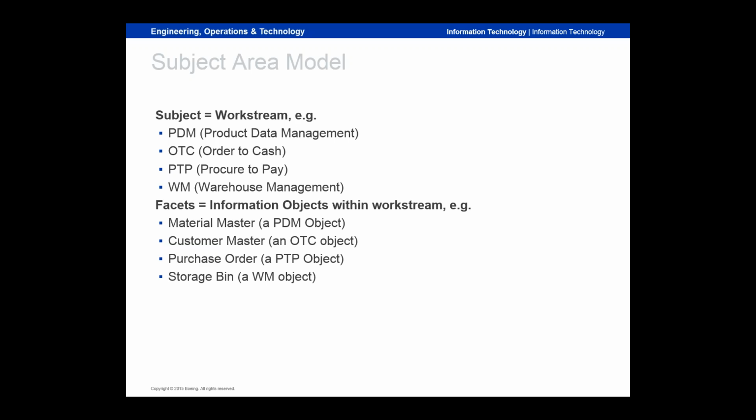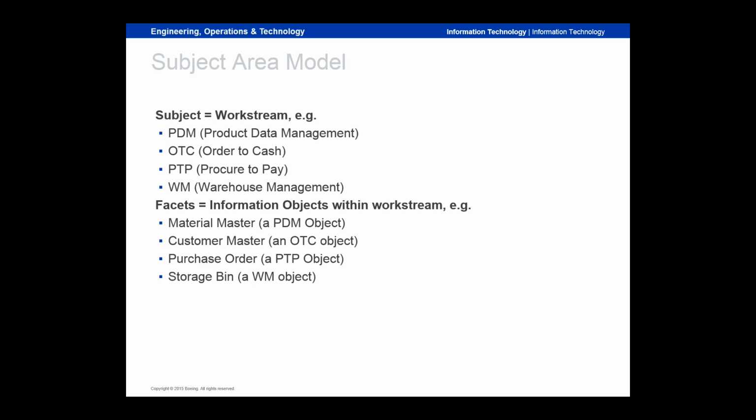Procure to pay is the supplier-facing one. Same kind of thing, from the time we procure the part until the time accounts payable makes the payment. Warehouse management's a little more obvious. And then within each of those subjects, we have facets that I would say equate to information objects within each of those work streams.